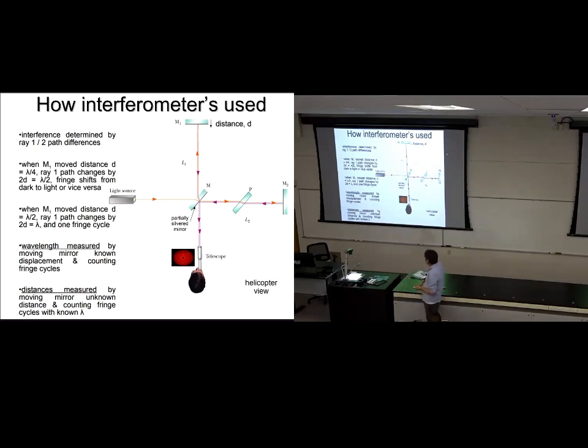So how does that work? Suppose we take this mirror and we move that mirror by 1/4 of one wavelength of the light that's in the interferometer. Supposing we move it further away by 1/4 of a wavelength.